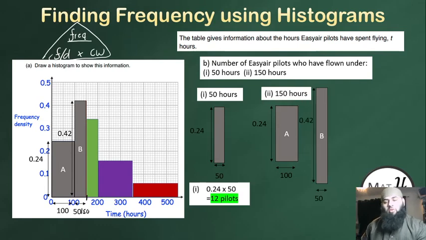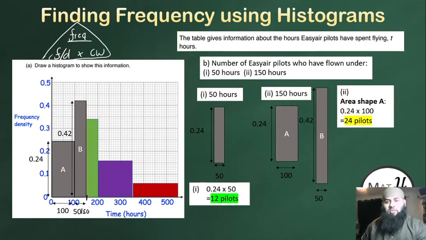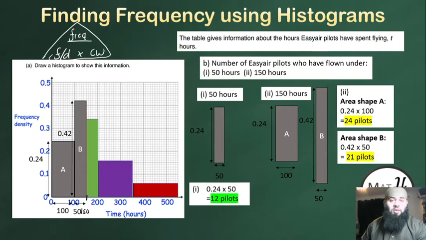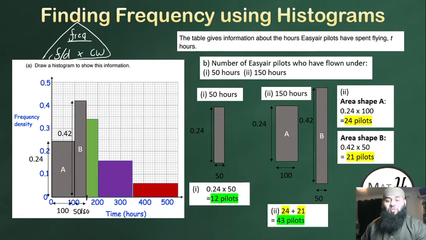All we have to do is work out the area of shape A, which is 0.24 times 100, giving us 24 pilots, and the area of shape B is 0.42 times 50, giving us 21 pilots. In the end we just add these two figures to find the number of pilots that flew under 150 hours, which is 43 pilots.